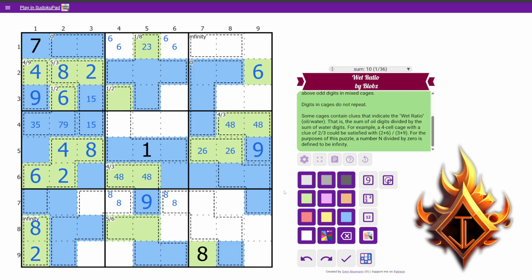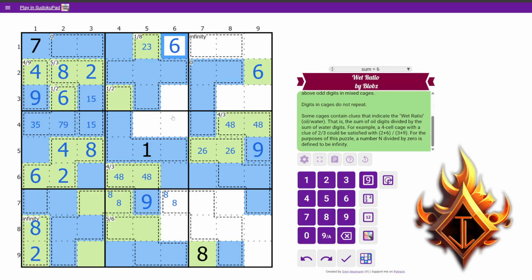This is oily. These will be oil now because that's all that's left. This row has to remain the same. And I think that's going to give the 4th in that column. So that, and that are all odd. That's going to change this 6 to here.